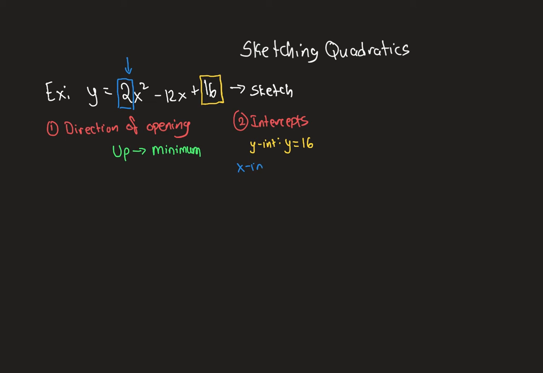As for the x-intercepts, remember you're going to make y equal to 0. And you're going to fully factor that equation. I know it's divisible by 2, so I'm going to take out the 2, leaving me with x squared minus 6x plus 8.